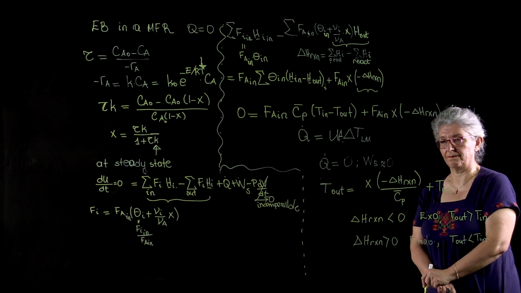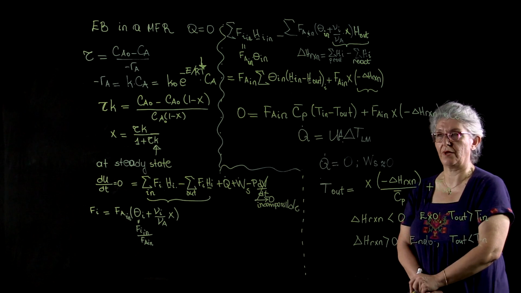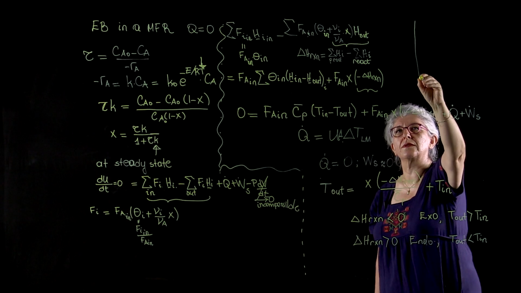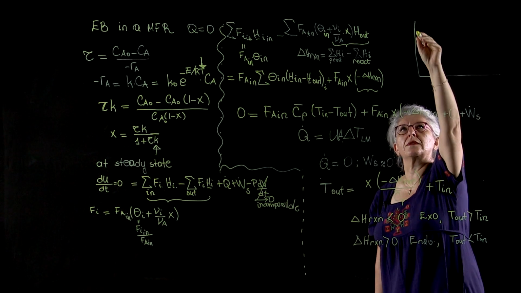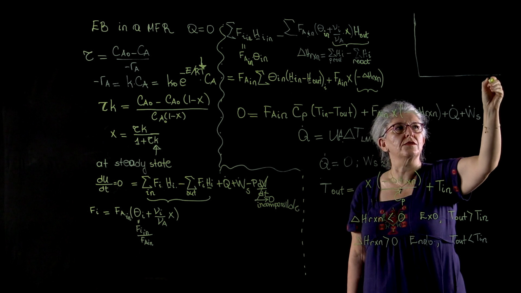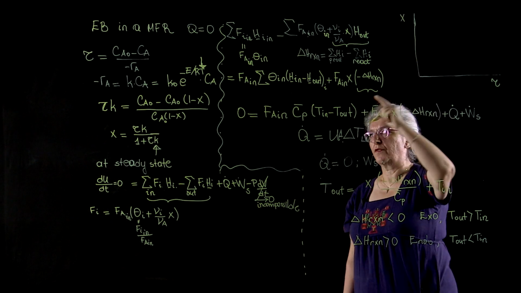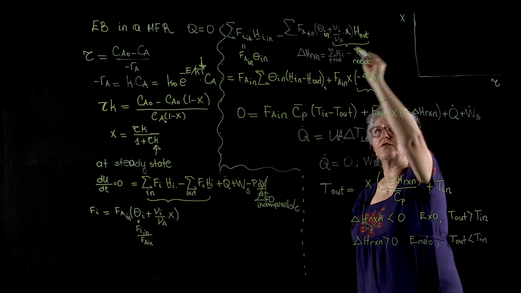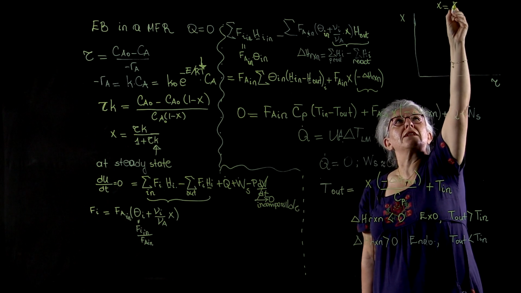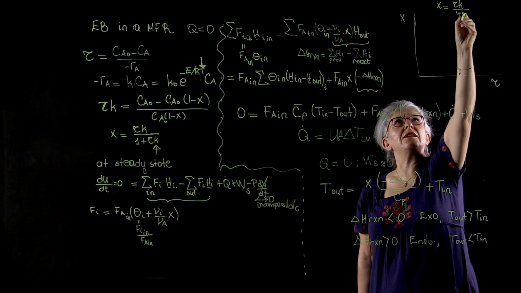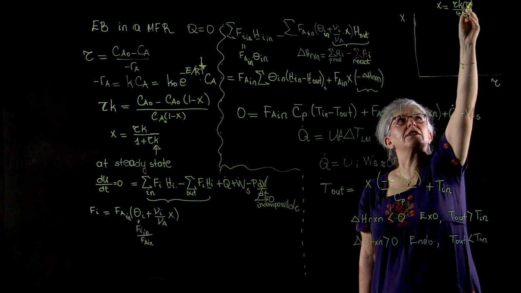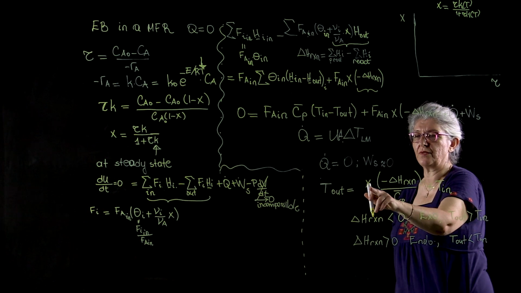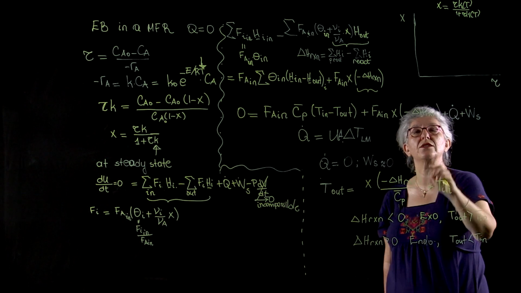Now, given this, if we plot the space-time versus conversion curve for a first-order reaction, our relationship was tau k over 1 plus tau k, and k is a function of temperature, and the relationship between temperature and conversion is given by this equation.